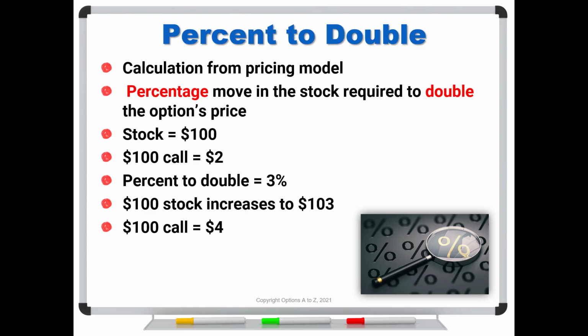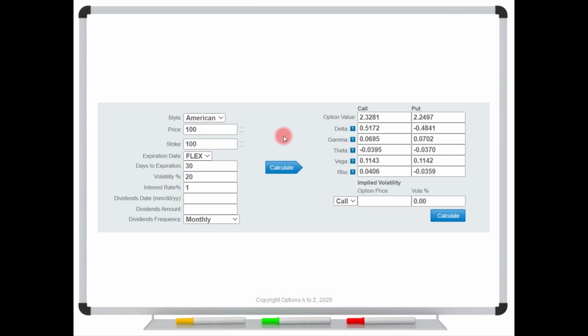So for example, let's go over to a pricing model and see how it's done. Over at the OIC's website, this is optionseducation.org, let's assume that we have a stock trading for 100, the strike is 100, 30 days to expiration, 20% volatility, and 1% interest rates. We hit calculate and it tells us that the call should be trading for about $2.32.